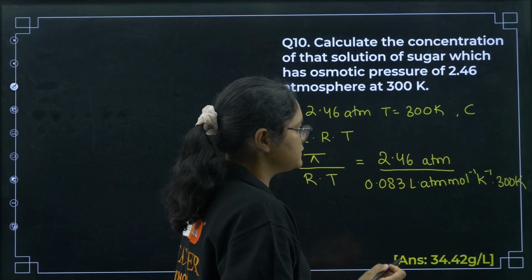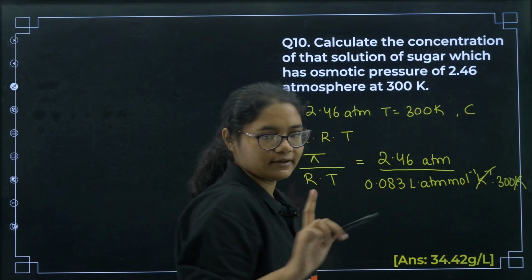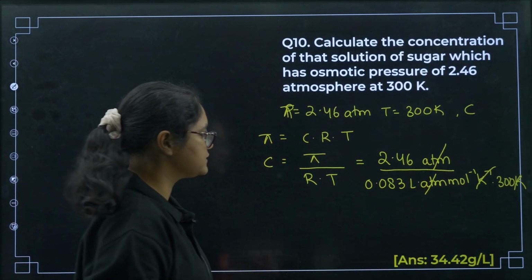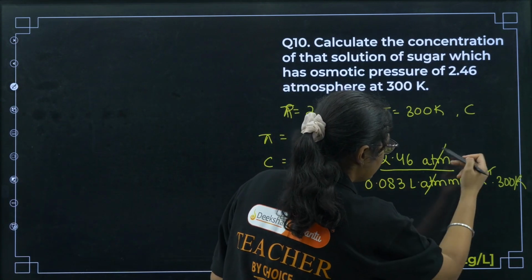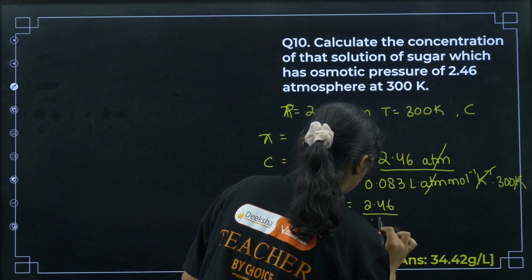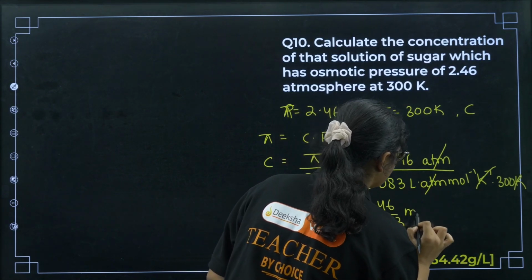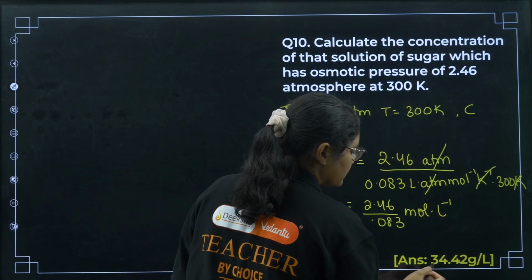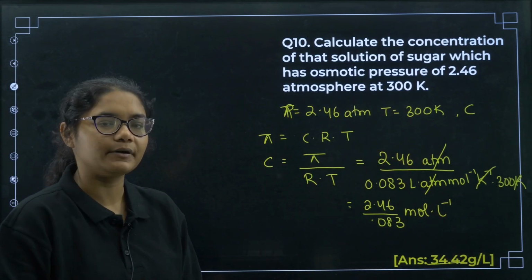Now you can see we can cancel Kelvin and Kelvin, and we can also cancel atm and atm. What is left here? Mole liter inverse, right? So 2.46 by 0.083 mole liter inverse. So we will be getting 34.42 gram per liter.